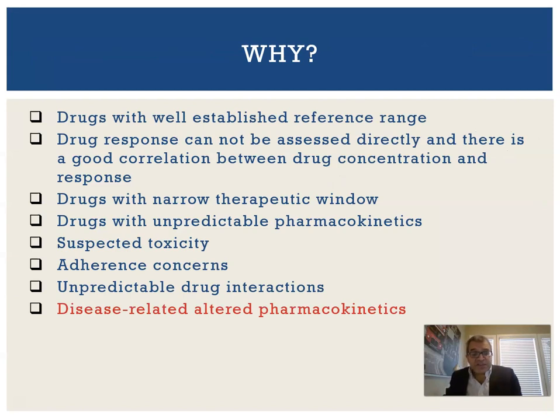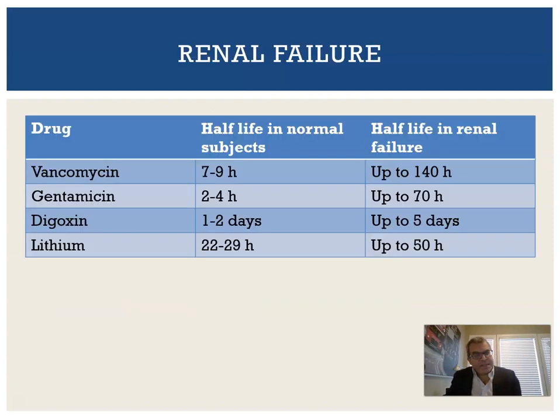Another rationale is disease-related altered pharmacokinetics. We can also use TDM when a disease or a condition leads to alteration of the pharmacokinetics, such as in patients with liver or kidney dysfunction, pregnant women, and older adults. TDM could be useful in those situations. I'll give you an example here: vancomycin, gentamicin, digoxin, lithium.